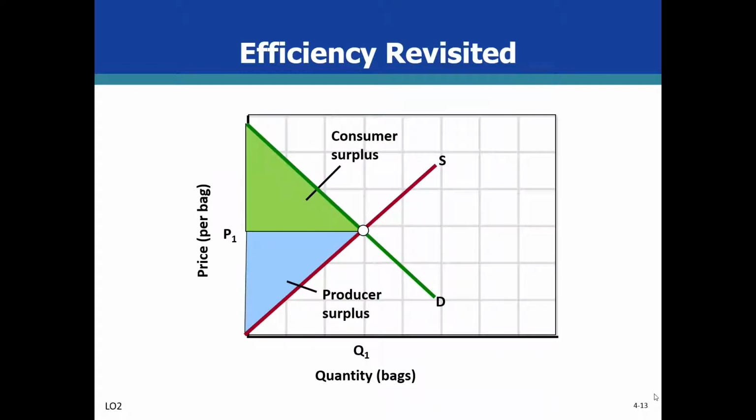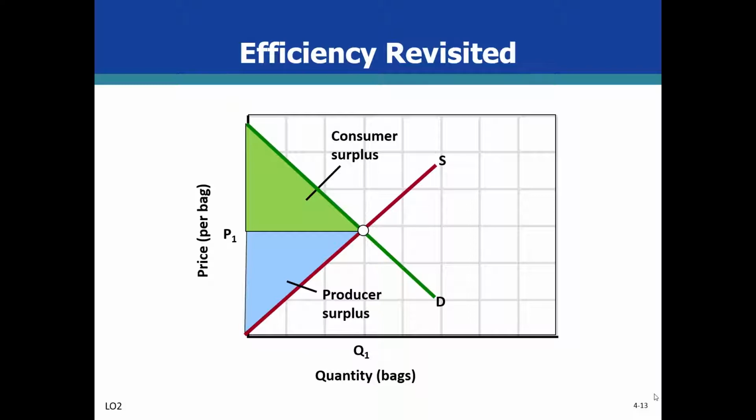Now we're going to come back and tie these two concepts together. Here we have the demand curve and the supply curve. We have the equilibrium price. We have a consumer surplus and a producer surplus that is maximized at the equilibrium point of P1 and Q1.